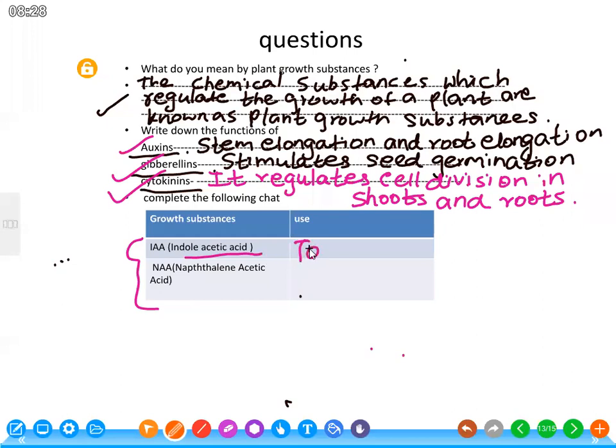To induce root formation of stem cuttings.